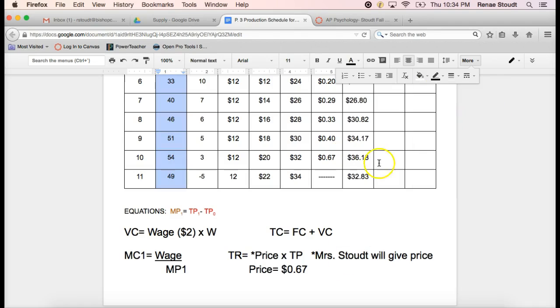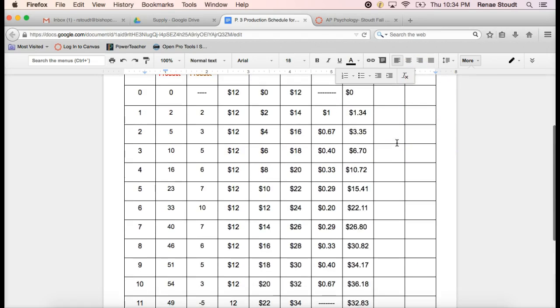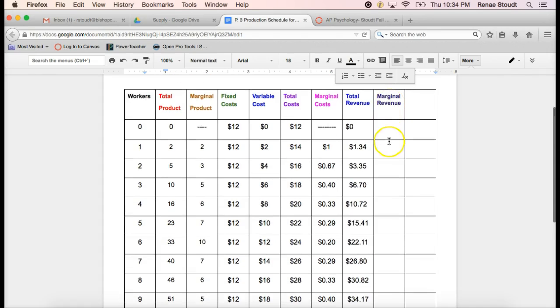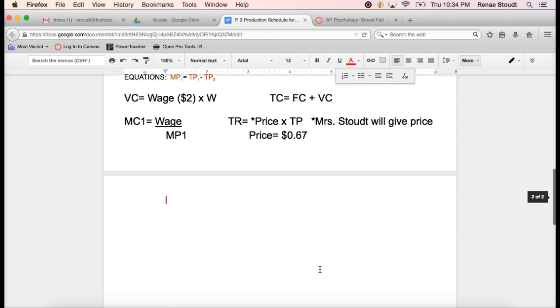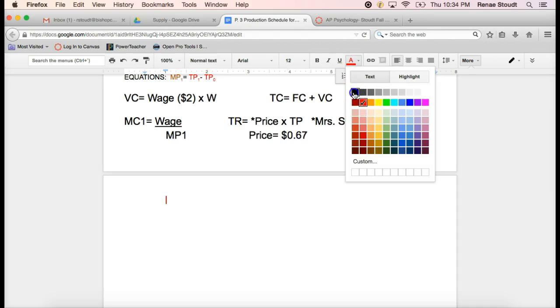Well, if I'm charging 67 cents every time I sell an airplane, then I will make, you guessed it, 67 cents. So marginal revenue, at the very bottom for the equations, you can put in, is the same thing as price.